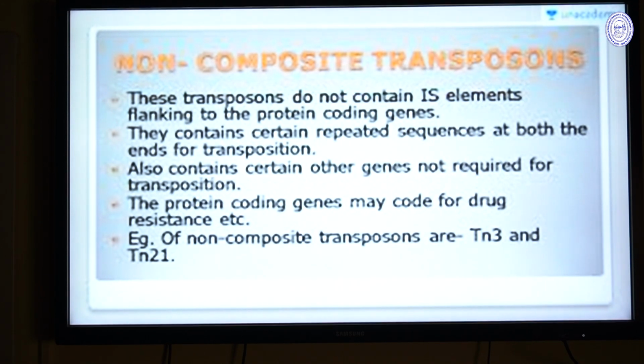So they are transposons, but they are not only carrying the genes for causing transposition. They also carry some extra genes which are not related to the mechanism of transposition. The protein coding genes may code for some kind of drug resistance. A very common example of the non-composite transposons are Tn3 and Tn21.